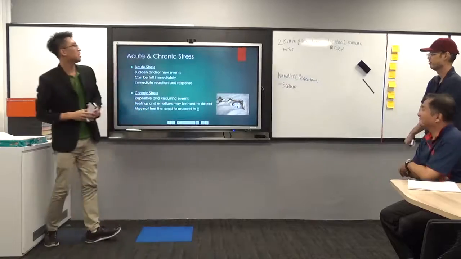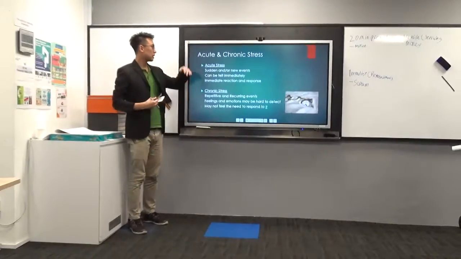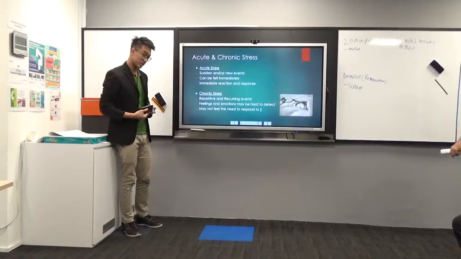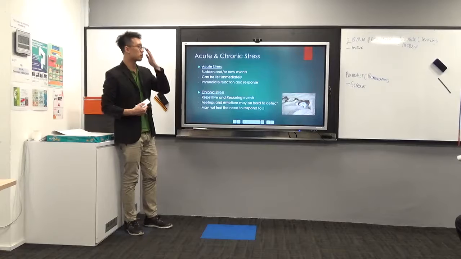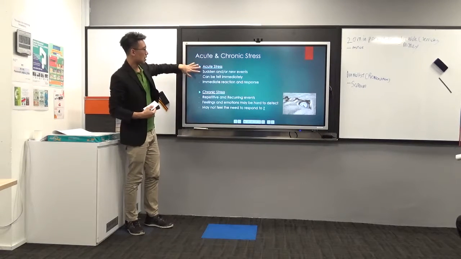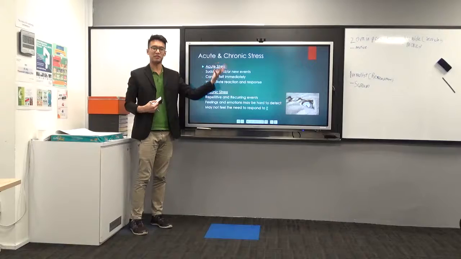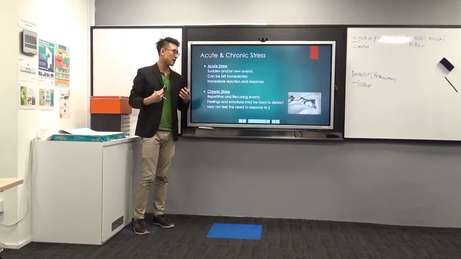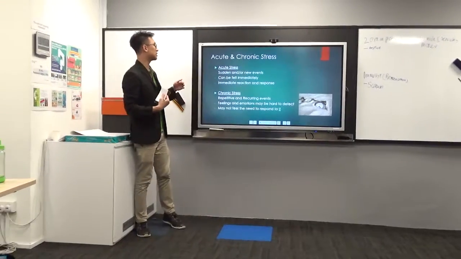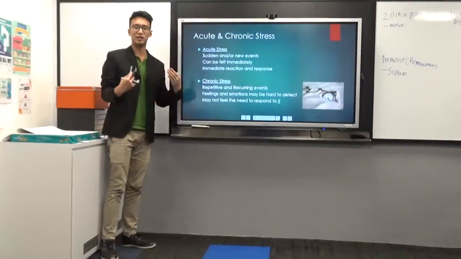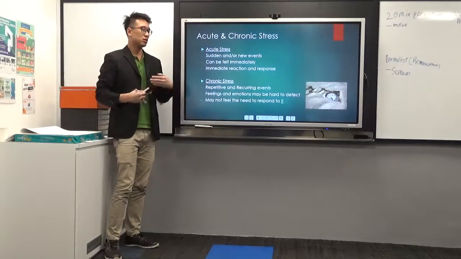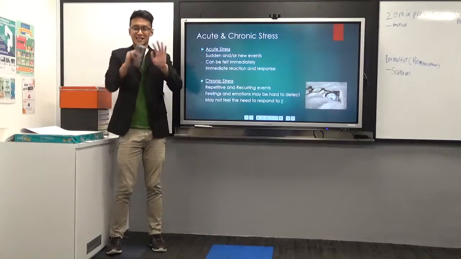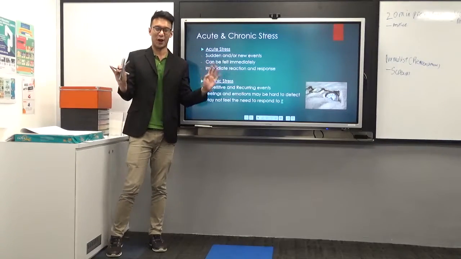Okay, so we understand a little bit more about what acute stress and what chronic stress is about. So for acute stress, those acute stress that occur are for sudden or new events, things that are new to you and it comes unexpected. And these are the stress that can be felt immediately because you just encountered something really new. Let's say, for example, let's just hope everybody doesn't get into a car accident very often, okay?